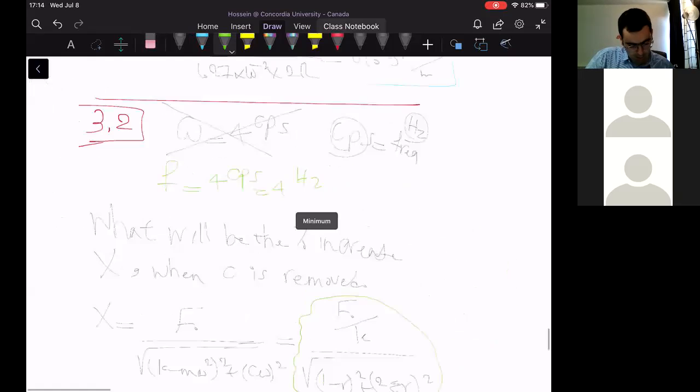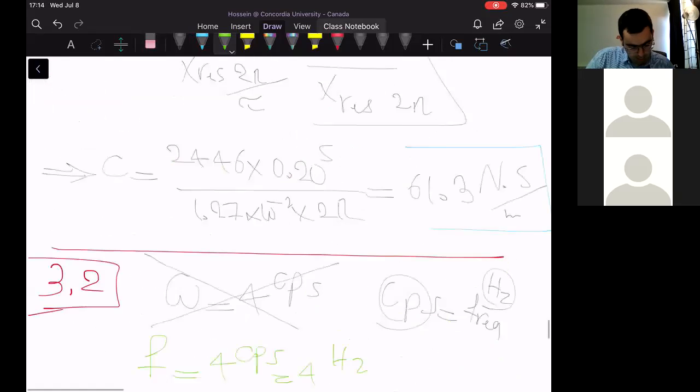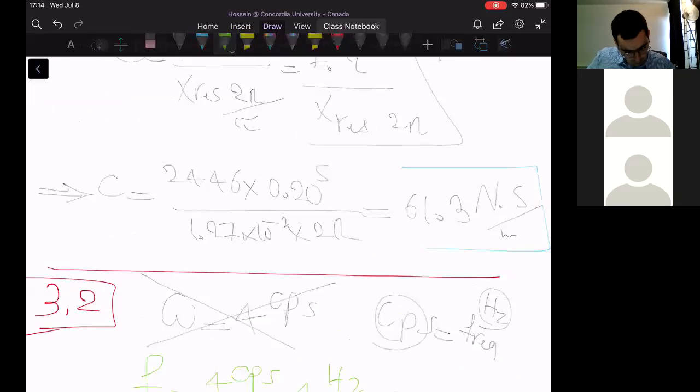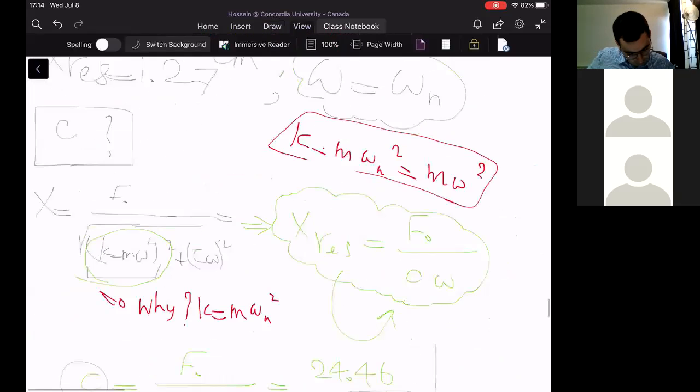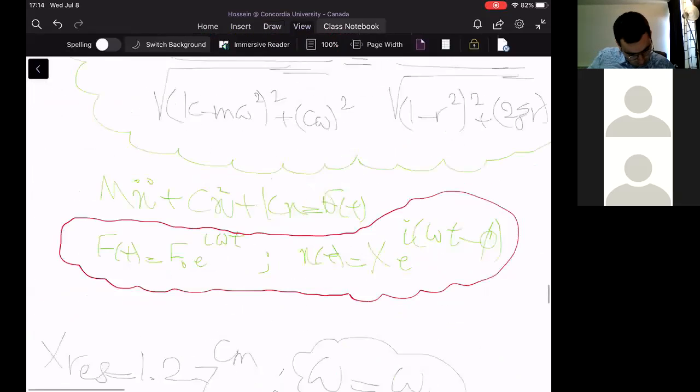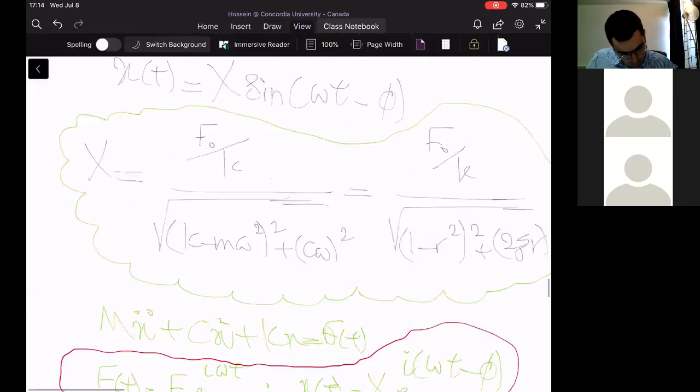So here, in the first problem, it is correct. I wrote it correctly. Okay, here I made a mistake.